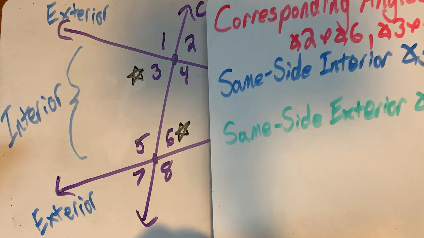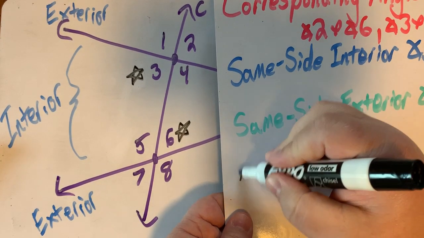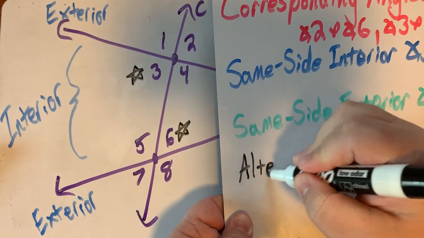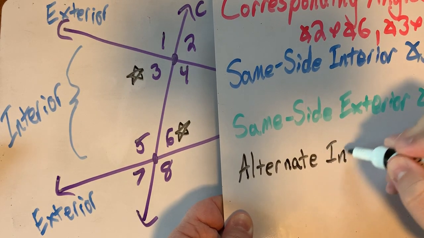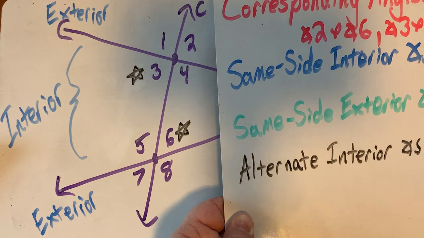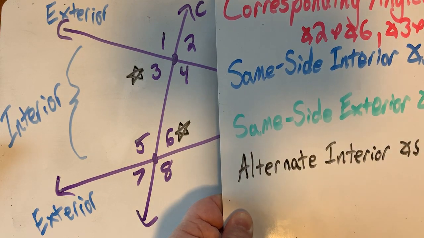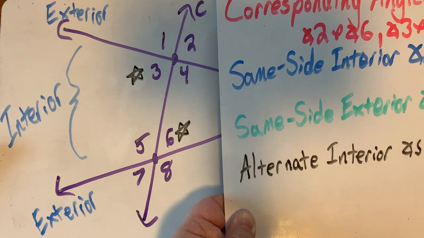They're on alternating sides of the transversal. So we call those alternate interior angles. So that will be angles 3 and 6 and angles 4 and 5.